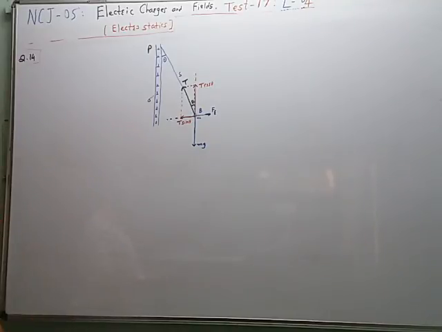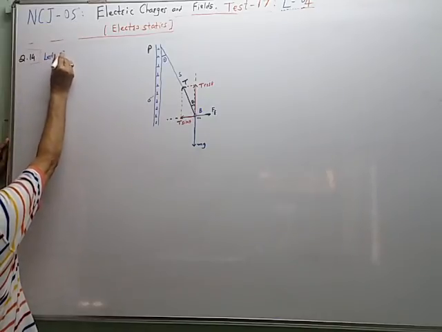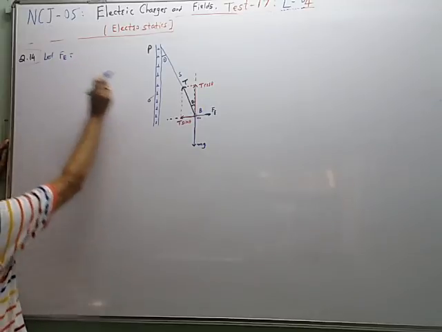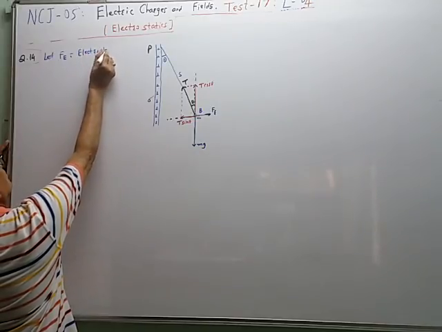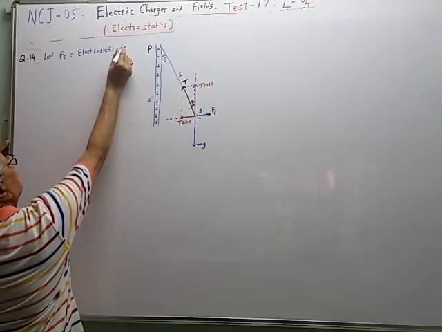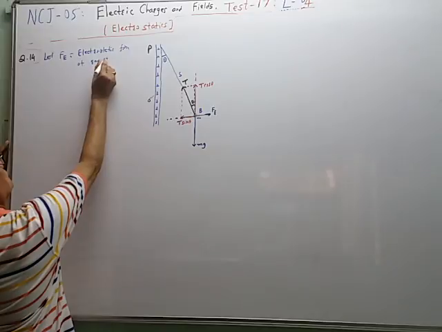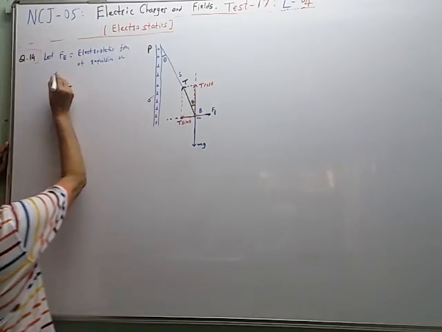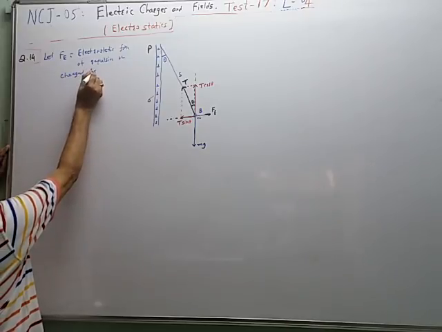So let Fe be equal to the electrostatic force of repulsion on charged ball B.